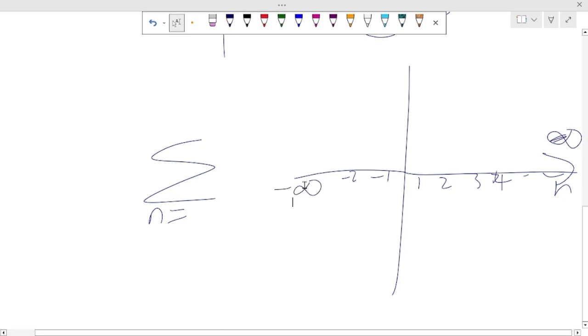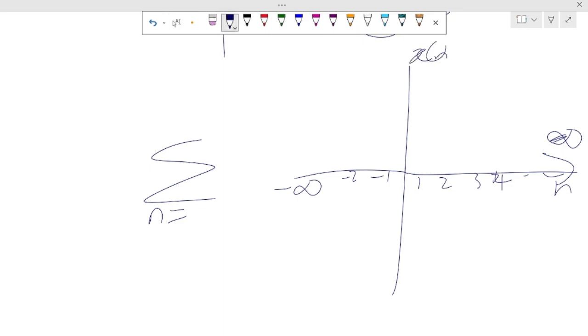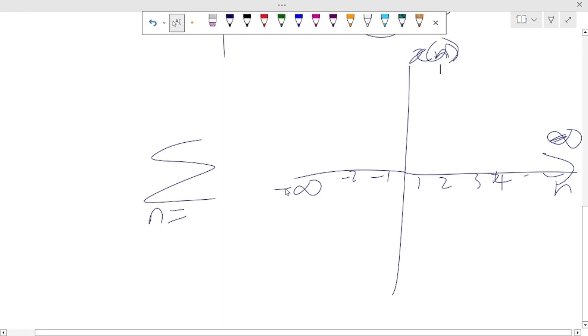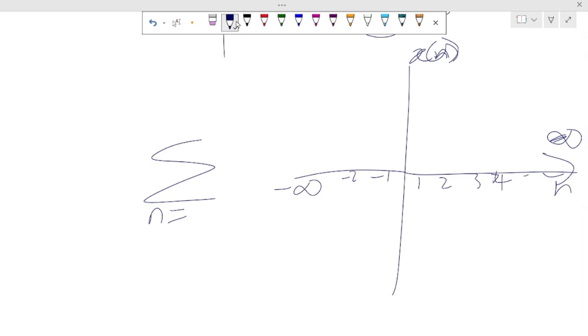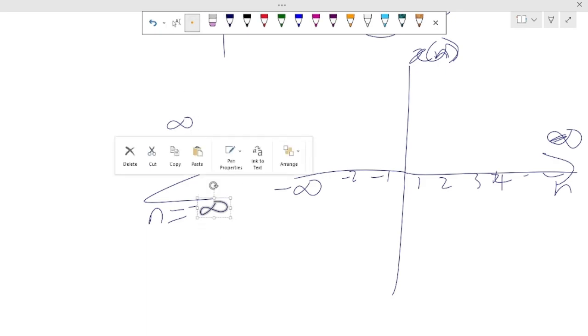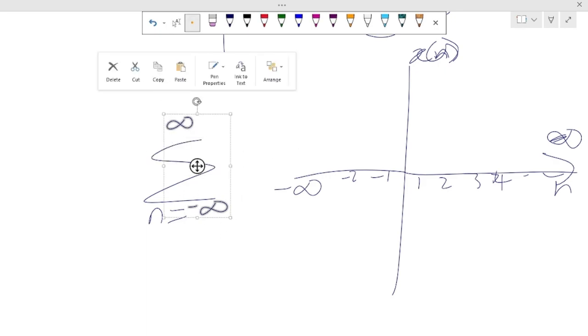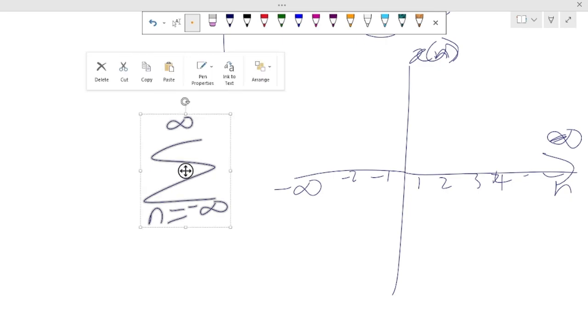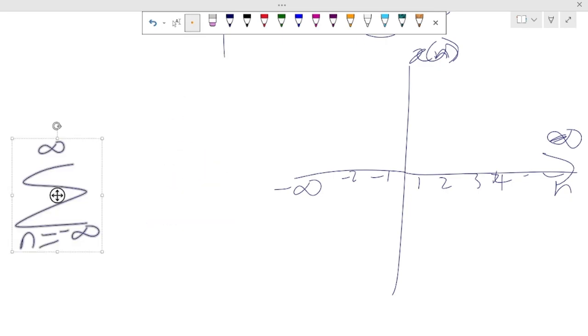So we are adding all the values of x of n, from when n is negative infinity to infinity. So this summation will go from negative infinity to infinity, and we are summing values of x of n.